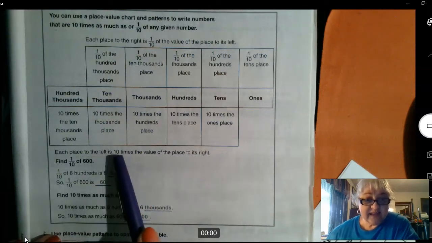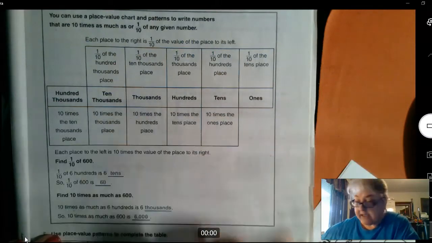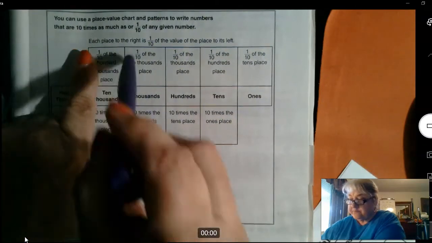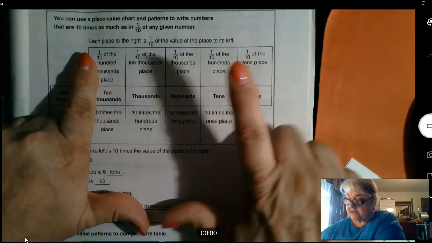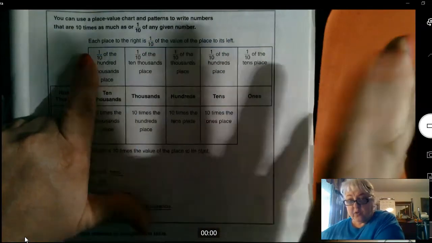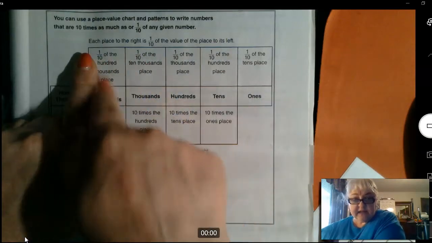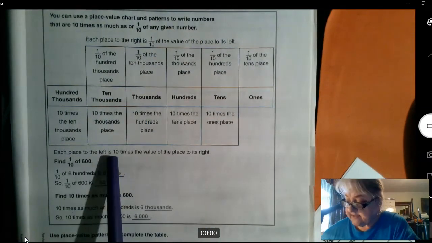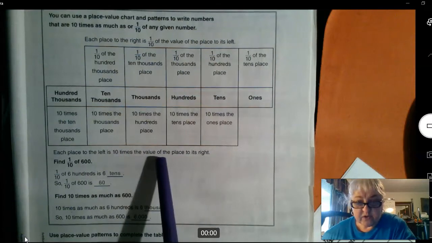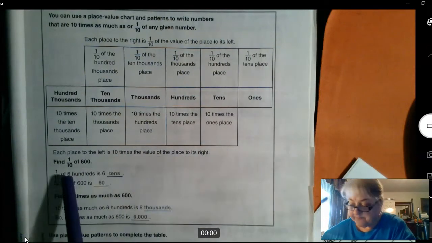So each place to the left, going this way, remember for left, the hand that makes the L is the direction of left. So if you're going this way, it's right, and if you're going that way, it's left. So each place to the left is 10 times the value of the place to its right.